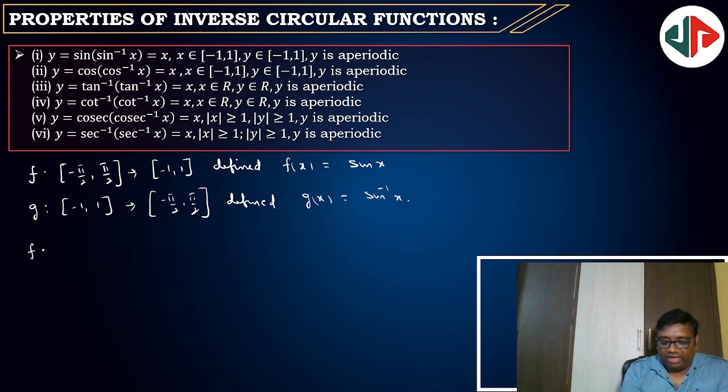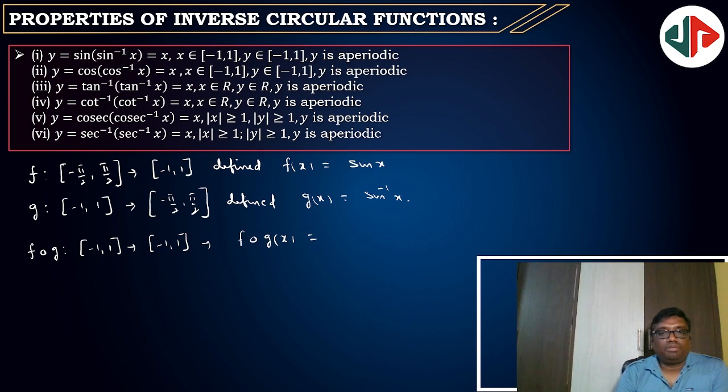Now, if I define f circle g, what is the condition? It is defined from minus 1 to 1 to the closed interval minus 1 to 1, defined by f of g of x.